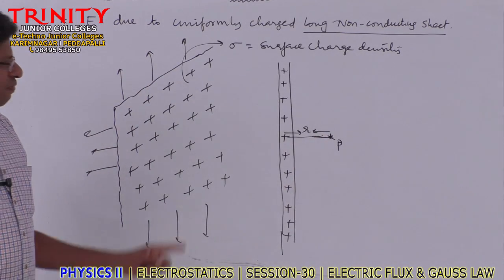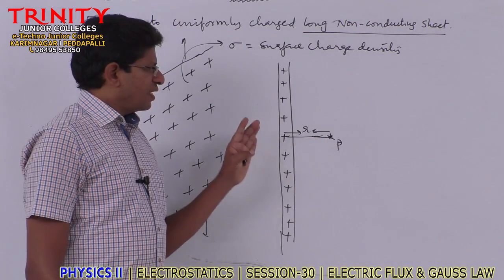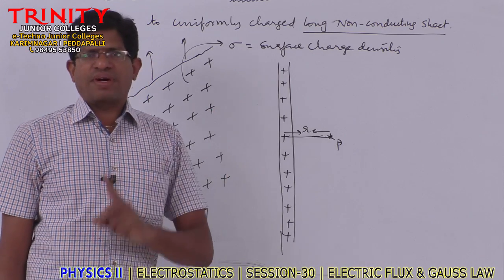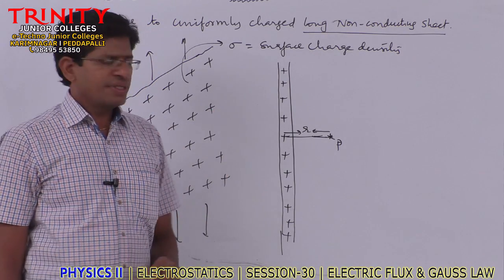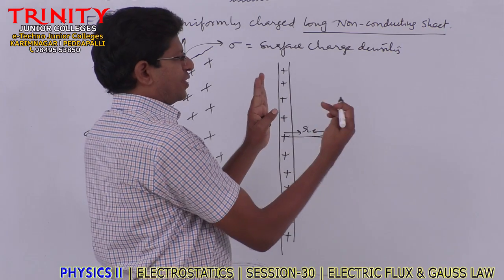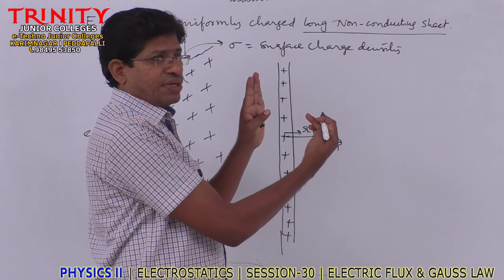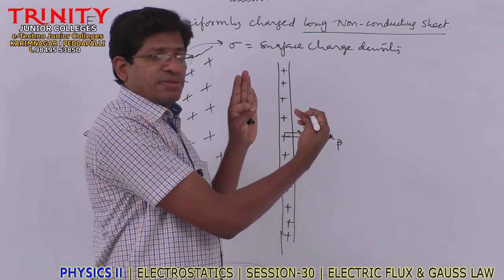What we do is, we have to construct a Gaussian surface before we apply Gauss law. You may be well aware of this. So the sheet is like this, the point is here. What kind of surface is suitable here? You have to think over it.